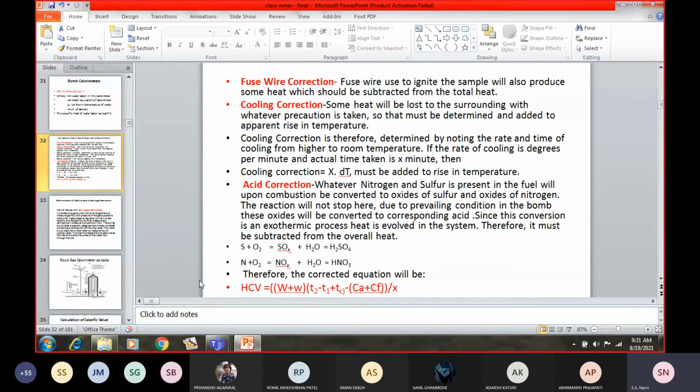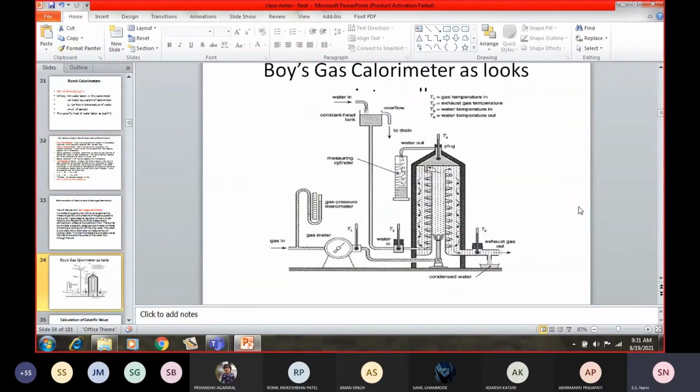What about TC? You see what happened? Here you can see that first of all, this entire calorimeter is very well insulated, and in the earlier calorimeter the same water was contained inside the bomb calorimeter for a longer time, where the temperature had risen to a higher temperature and then come down to room temperature.